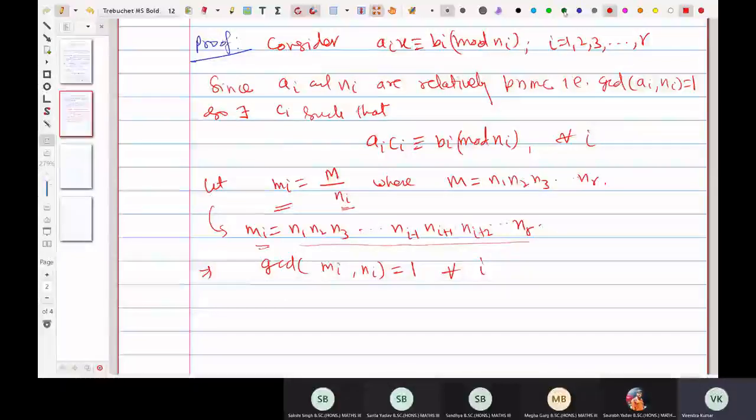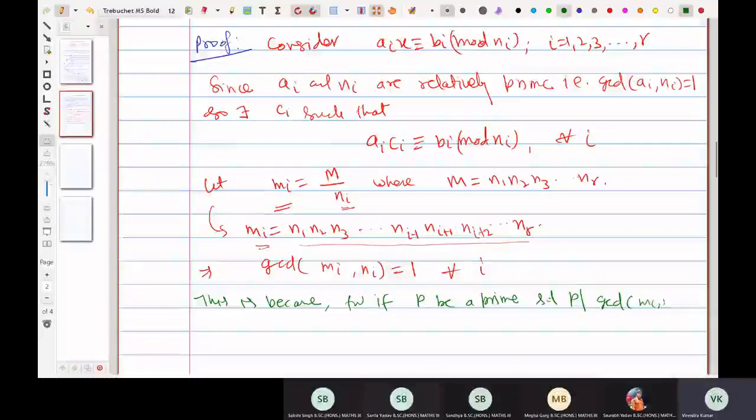Otherwise, you can say something about this. Suppose p is a prime such that p divides the greatest common divisor of m_i and n_i. Then p divides n_i, and also p should divide m_i. This implies that p divides n_i, and p also divides m_i, the product n_1, n_2, up to n_{i-1}, n_{i+1}, up to n_r.